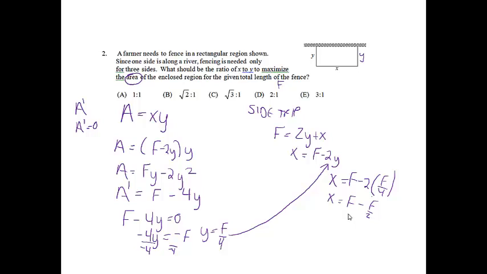And if I get a common denominator here, x will equal F over 2. So now from here, I just need to figure out what is going on. The dimensions of x are F over 2, and the dimensions of y are F over 4. So I just tried to do an example with fencing just to see if I could figure out what's going on with the ratios.